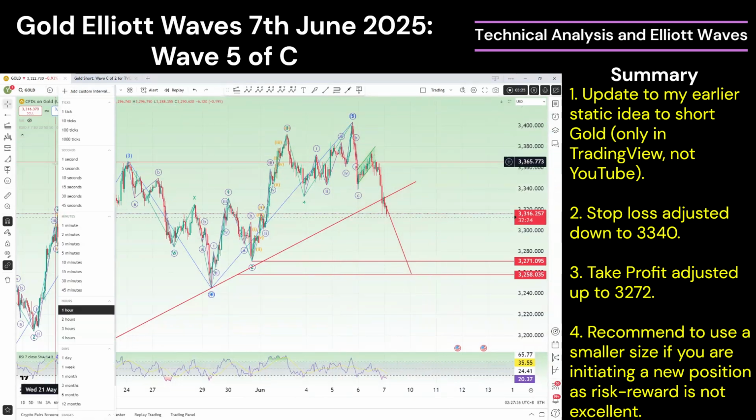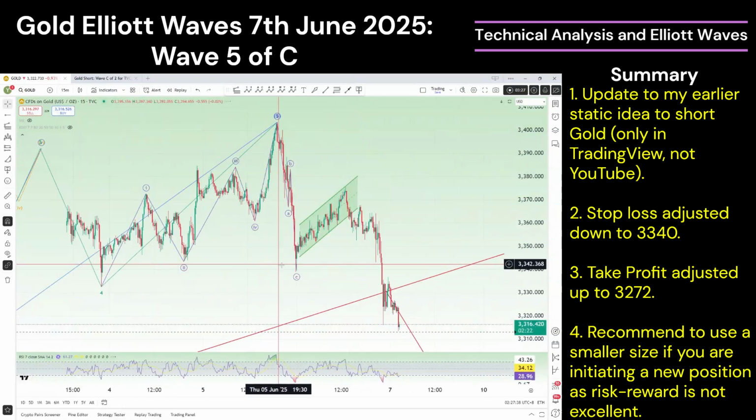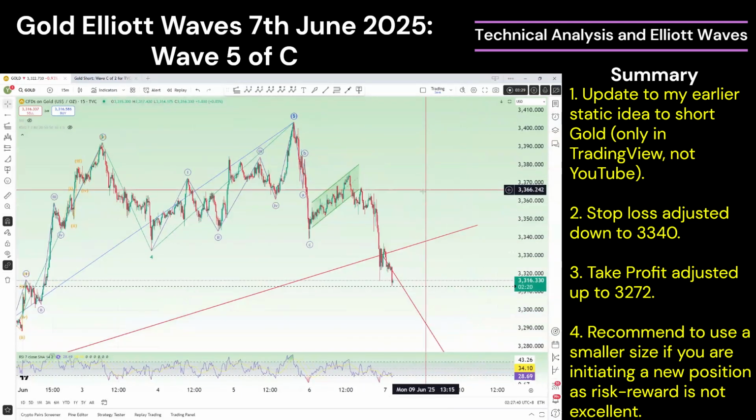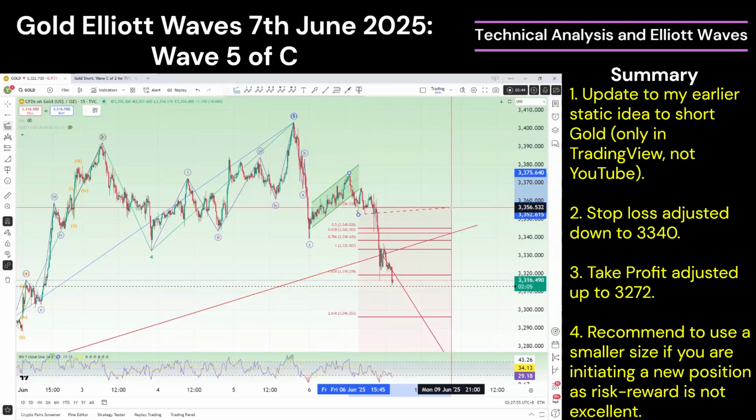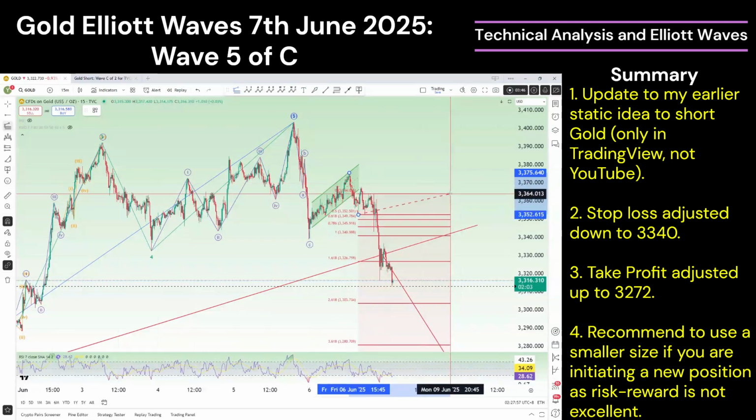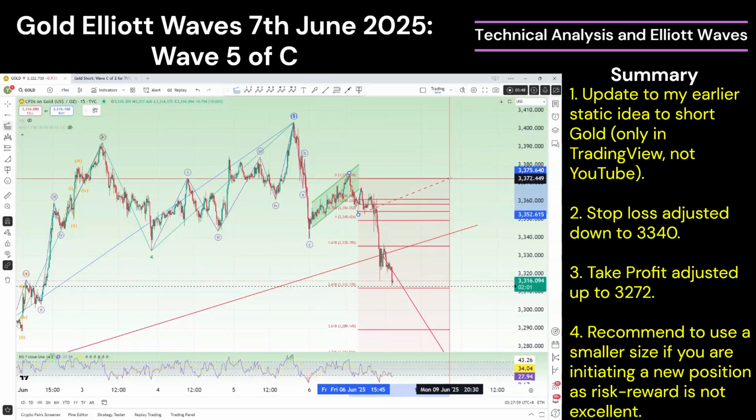Now we can go down to a lower time frame and try to count the wave. So assuming this is wave one, wave two, and then probably have a wave three somewhere here. What can we say of this entire wave?